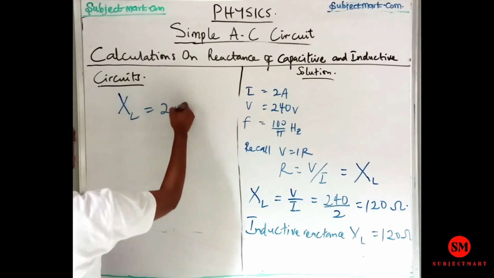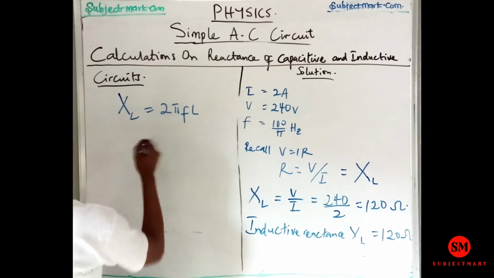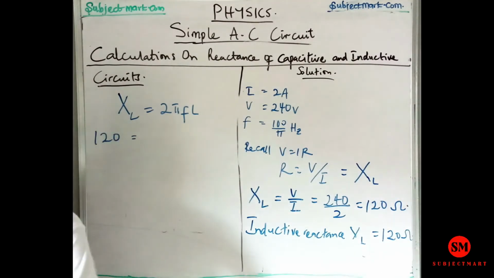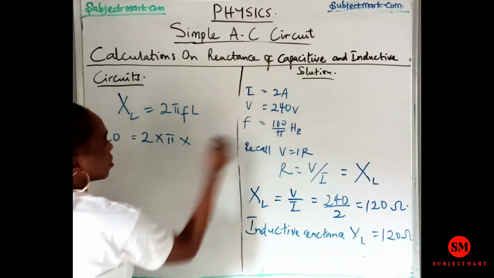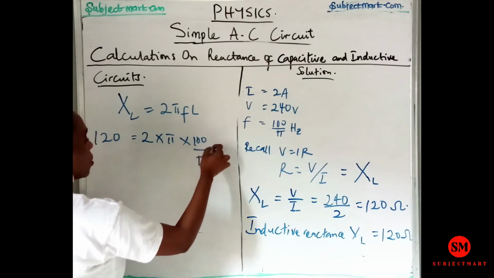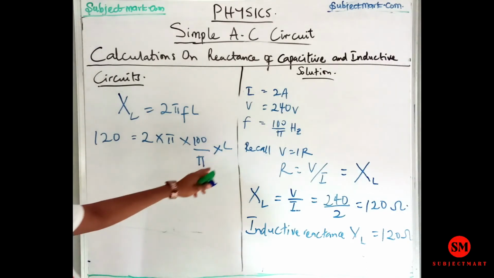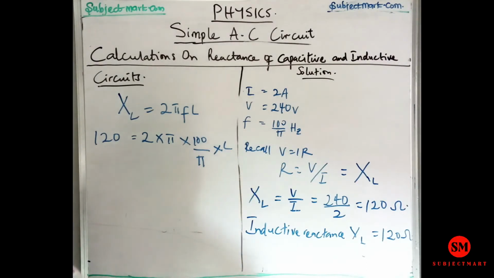XL is equal to 2 pi f L, and our XL from here is 120. 2 times pi times the frequency, 100 over pi, times L. Don't forget, we don't have L. L is what we are being asked to calculate.